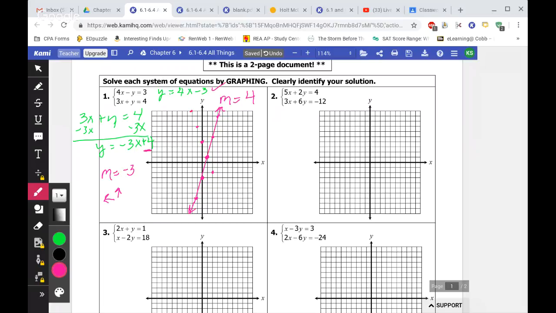You just have to make sure. Okay. And 1, 2, 3. Right. So if I go down, that's negative. But then no matter what, you have to travel one direction negative, one direction positive when your slope is negative. Because remember, a negative and a positive together make a negative.